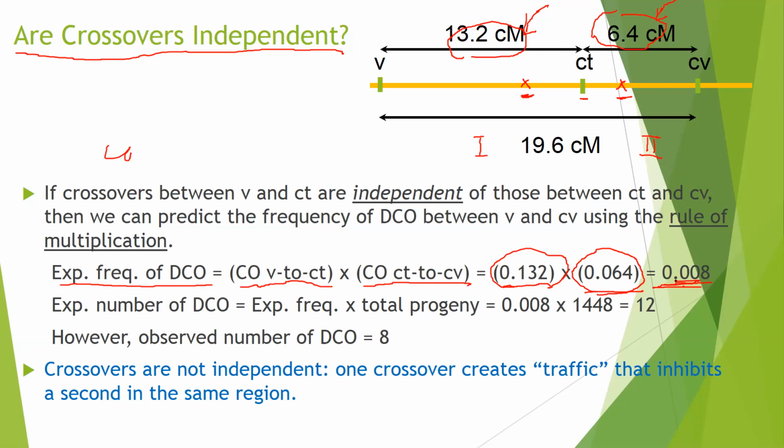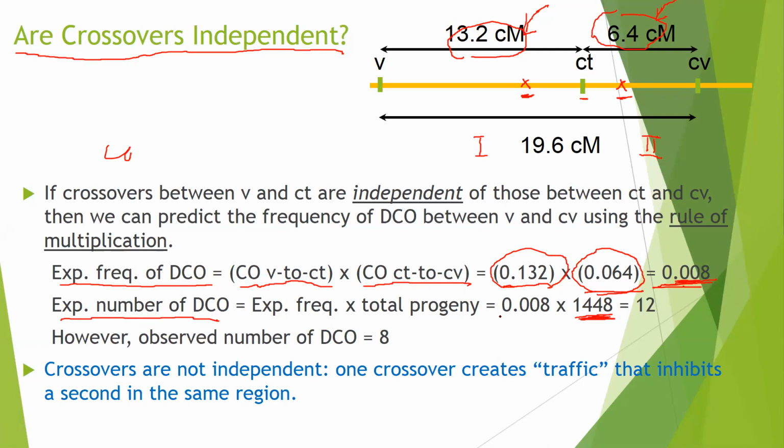All right, now if we have the expected frequency of double crossing over, and we know the total number of progeny from this test cross is this many, then we can easily calculate the expected number of progeny having double crossover.